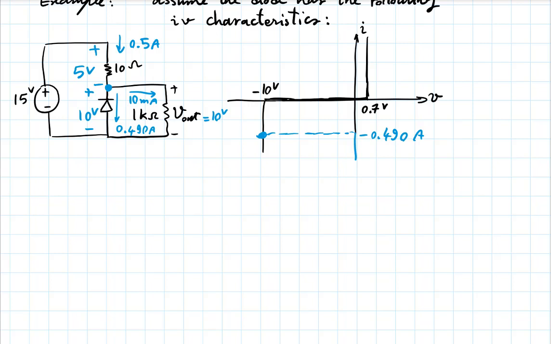Isn't that nice? Look at the input. You have an input voltage of 15 volts, and your output voltage is how much? 10 volts. Now, what if my input voltage was 14 volts? What would the output be? Solve this on your own.